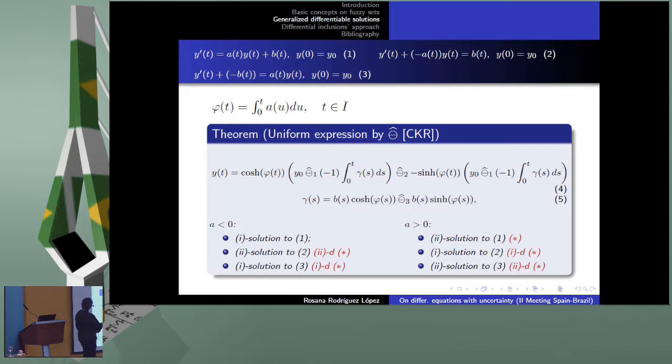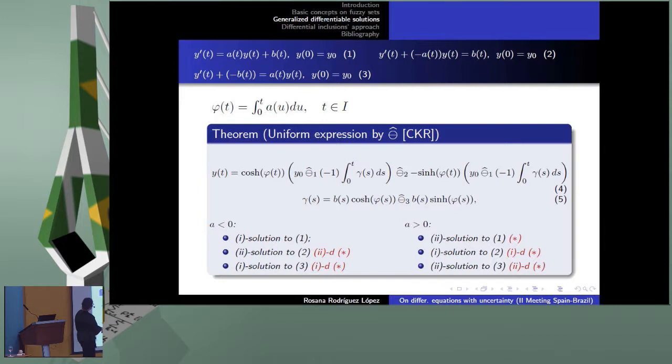For example, if the coefficient A is negative, this expression can give way to the H solution to the first problem. But it can be also the two solutions to this problem or the one solution to this problem.